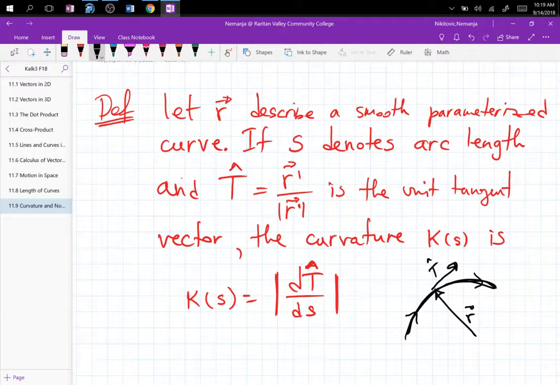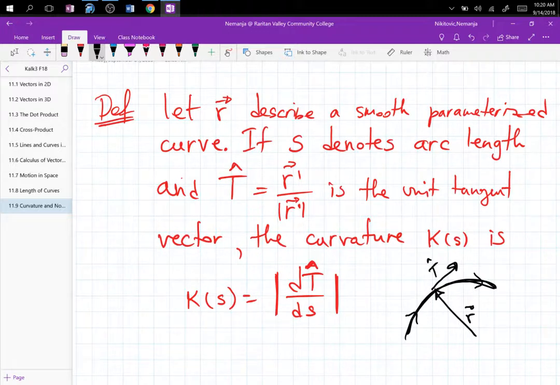If you have a much quicker bend, it's going to change that much faster. You see that? So when you're defining the curvature, you simply say curvature is going to measure how fast the tangent vector is changing its direction.